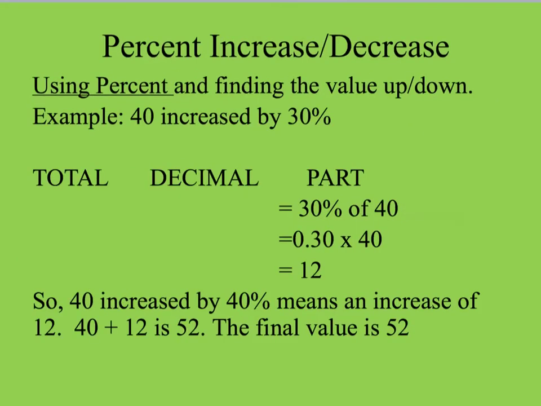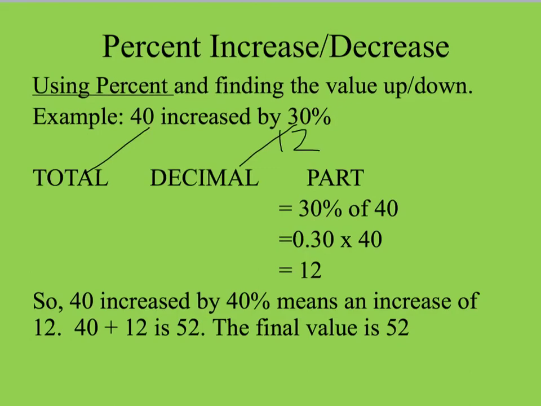So let's try an example here. So 40, that's our start point. It's increased by 30%. There's our decimal. But we need to know the part. And the part is 30% of what we started with. So 30% of 40, decimal 0.3 times 40 is 12. So it was increased by 12.